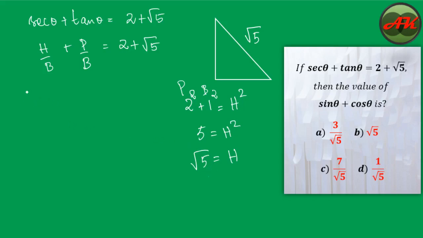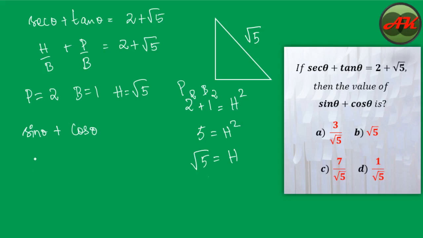So from this we can conclude that perpendicular is 2, base is 1 and hypotenuse is root 5. From this they have asked to find sin theta plus cos theta.